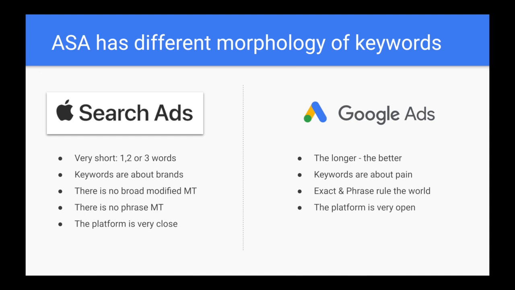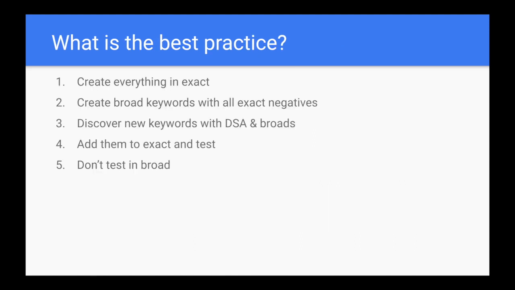This platform is also very limited in terms of data you can receive. Doing advertising in search ads, you don't have as much detailed information. You don't have even half of the detailed information you have in Google Ads or Bing or anything else. So you should be ready to work without precise data. To make your advertising best in search ads, I have several steps for you, like best practices.